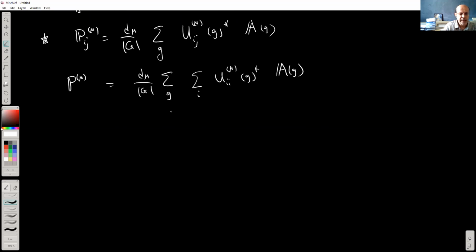Since I have as coefficients these matrix elements, when I define the operator P_mu, I have these ones. But this is just the character, so this is chi_mu of g complex conjugate. So I only need the characters in here.